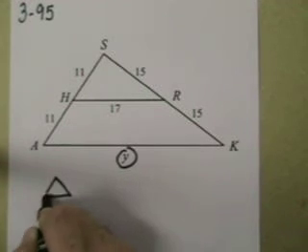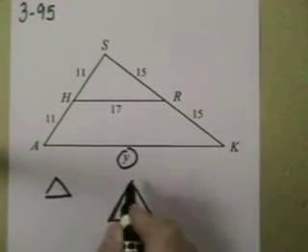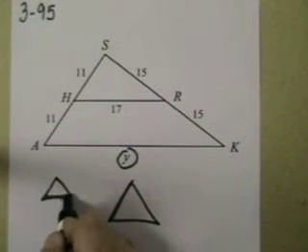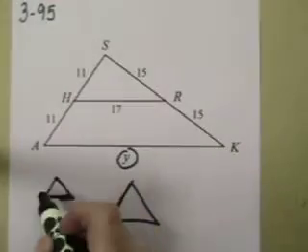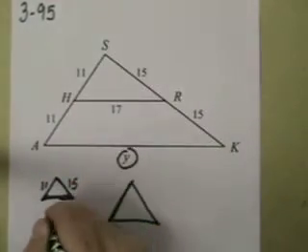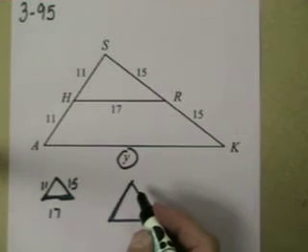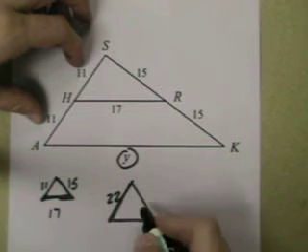I'm going to draw them separately so that I can compare corresponding sides. I'm drawing them in the same orientation just to make corresponding sides easy to find. This side on the little one is 11. This side is 15. This side is 17. This one is 22.